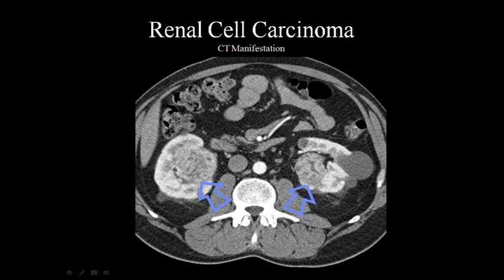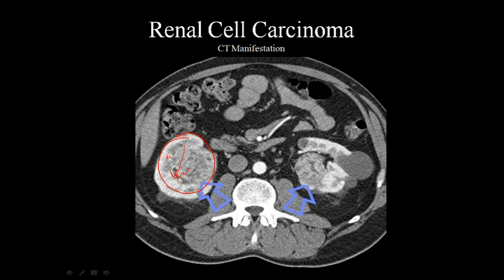Okay, and so notice how there is no definable border here. Everything just kind of merges with the renal parenchyma. And because of this, we see that there is really no delineation between actual renal cyst or renal tissue and the mass.